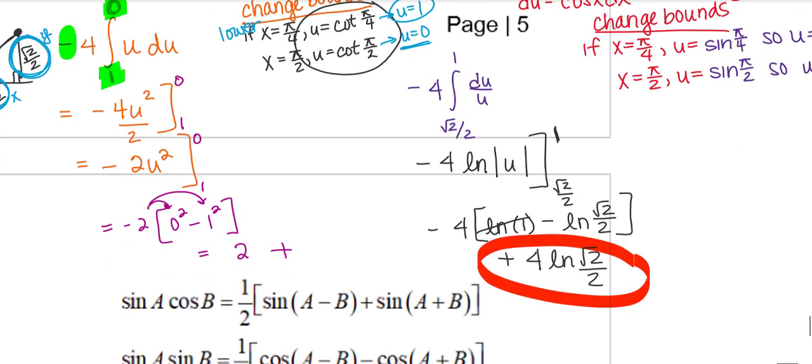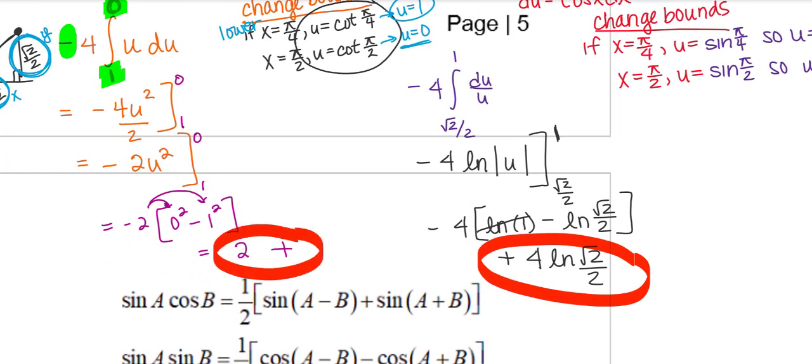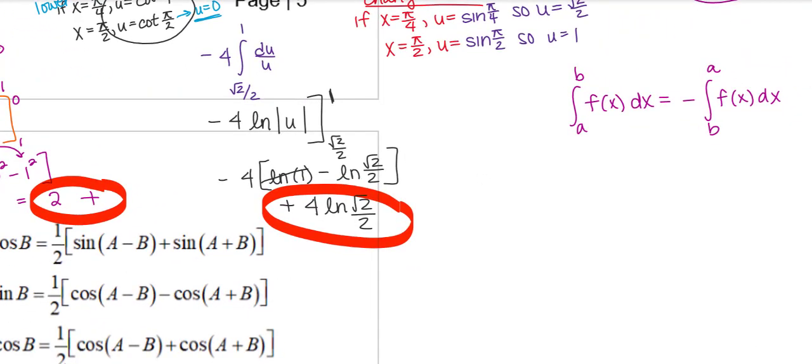So I had the other answer over there, so I'm going to have 2 plus, and I'm going to work and show you all the different ways that we could actually write this answer. So the answer in exact form is 2 plus 4 natural log squared of 2 over 2.